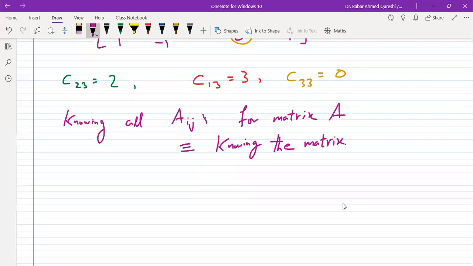First of all, let's write what is the matrix product as a sum.